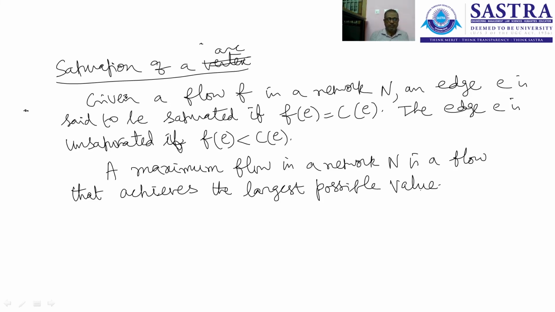So the maximum flow of a network will be the flow which is going to be the maximum.